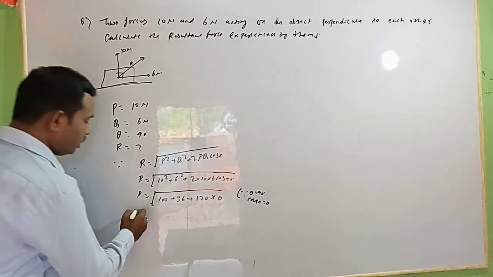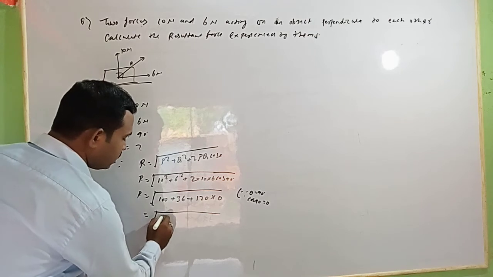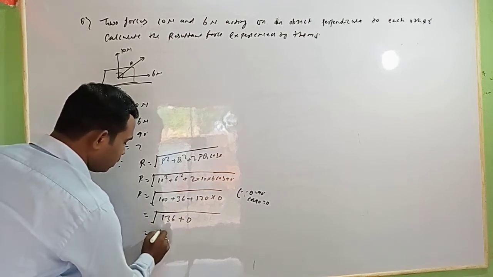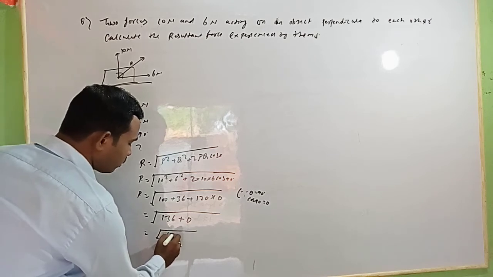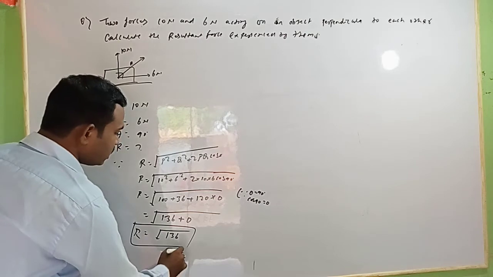So you solve this: 100 plus 36 is 136, plus 0. So R is equal to root 136.